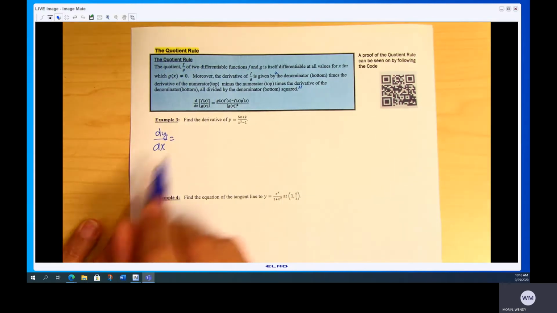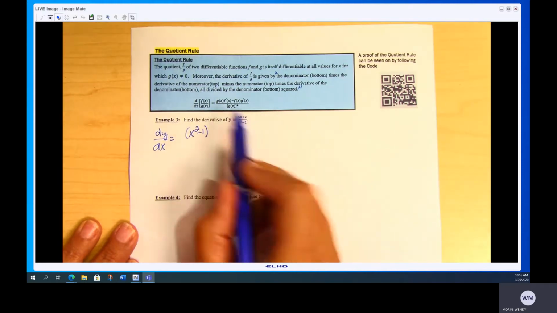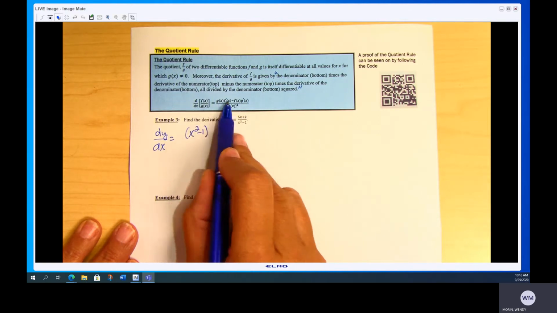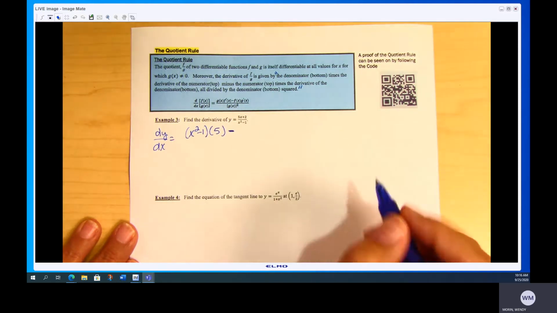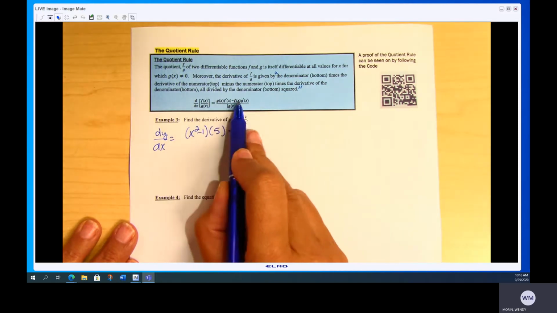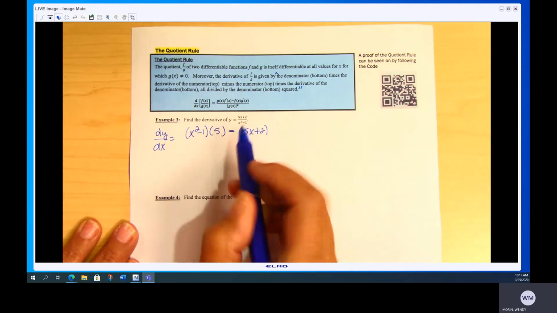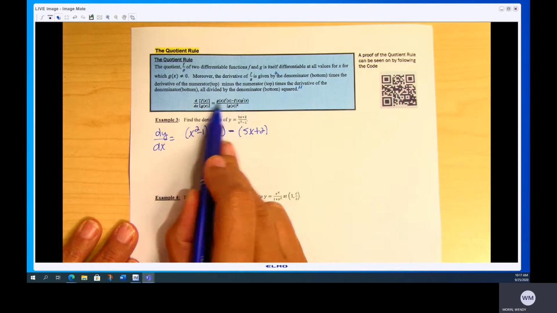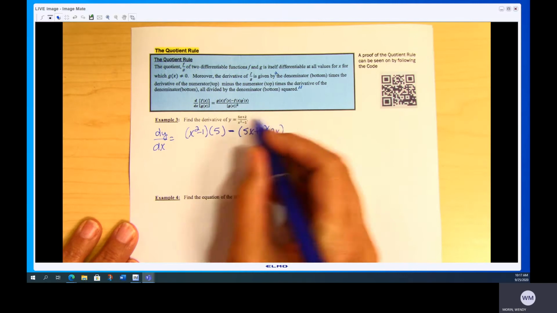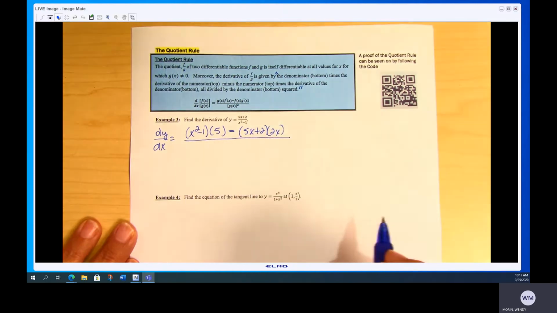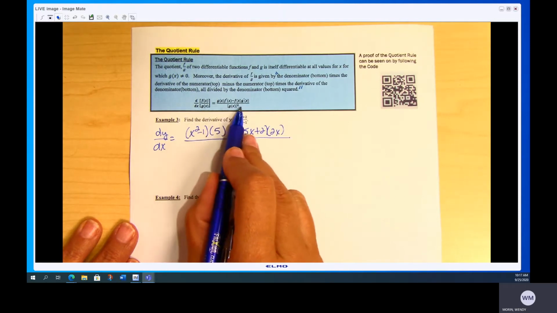So here we go. The bottom times the derivative of the top minus the top times the derivative of the bottom. And don't forget, it's a common mistake, don't forget your denominator, all over the denominator squared.